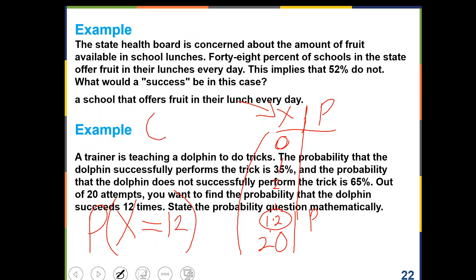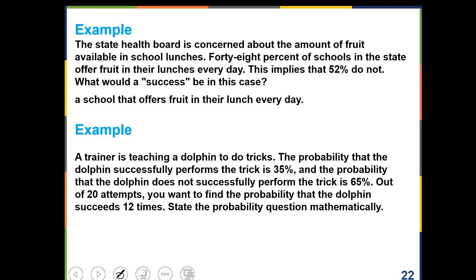We say C, and then 20 and 12 here. That's 20. And then probability of success to the 12th power, and probability of failure to the 8th power. And that's it. We can calculate it. But in this case, we just had to state the probability, which is just that. We haven't got to calculating it yet.